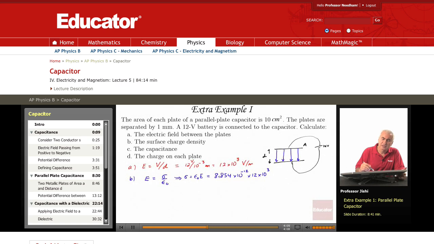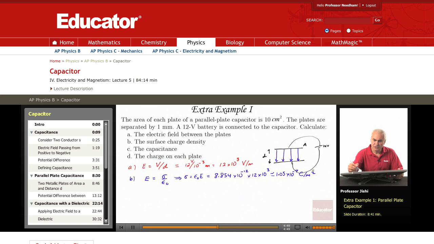So 12 times 8.8 is about 105. So it's approximately 105 times 10 to the minus 9, that is, 1.05 times 10 to the minus 7. And the units of sigma, it's a surface charge density, so it's coulombs per meter squared.